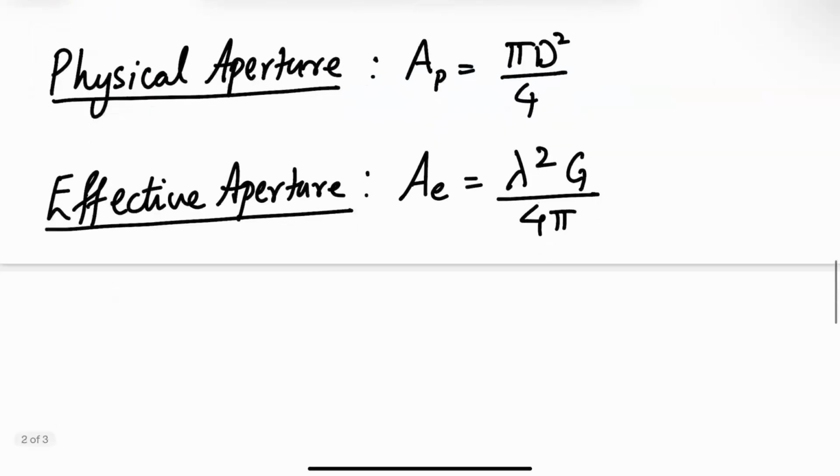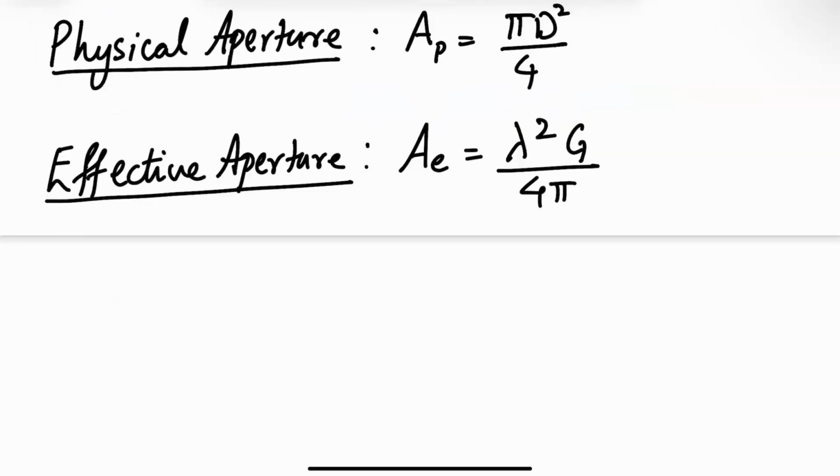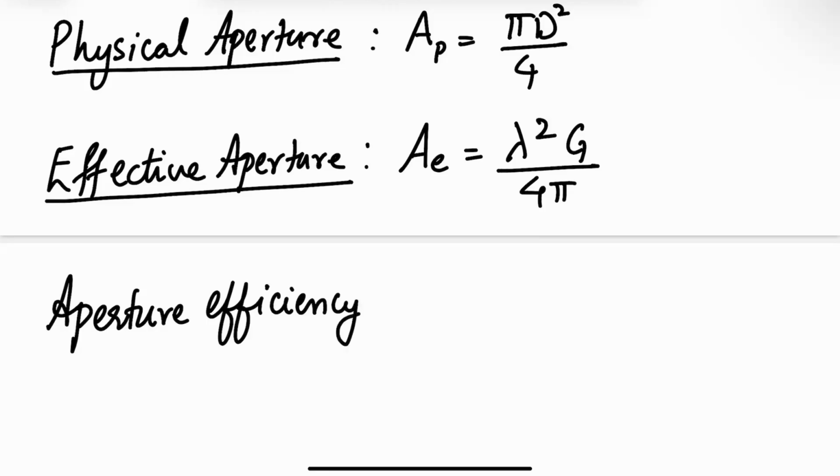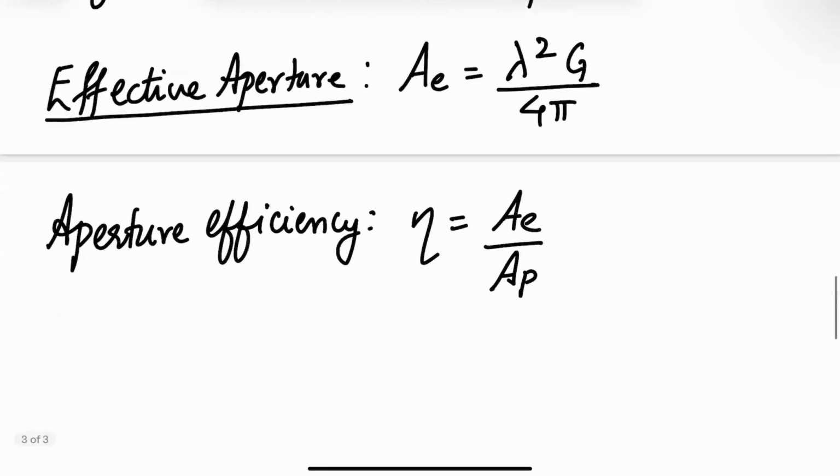So that's just a general concept in antennas. And what we want to define now is what is called aperture efficiency, eta, which is AE over AP. It's the ratio of the effective aperture to the physical aperture.